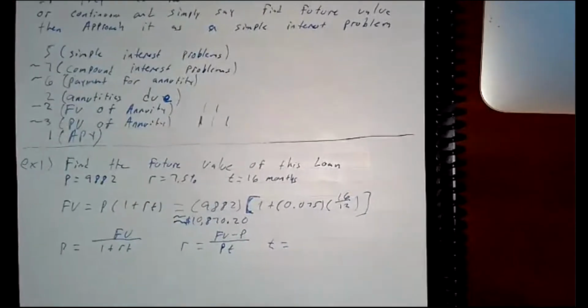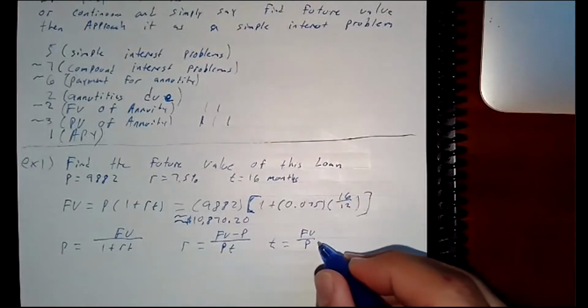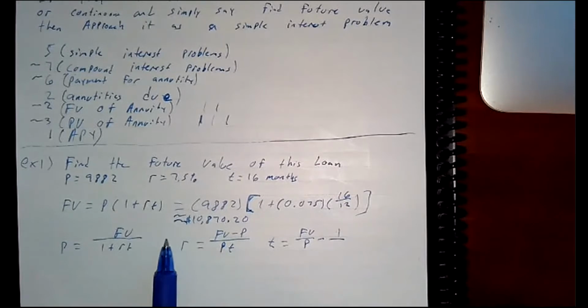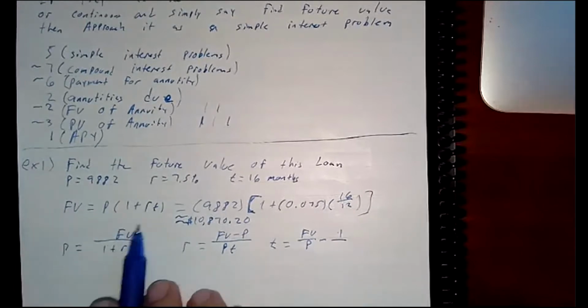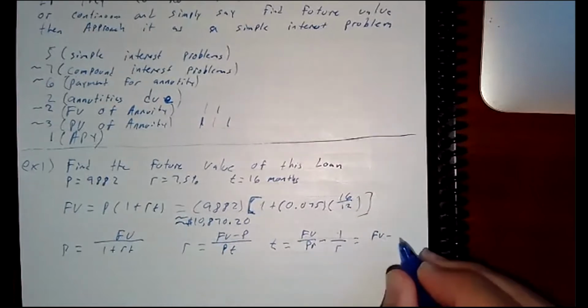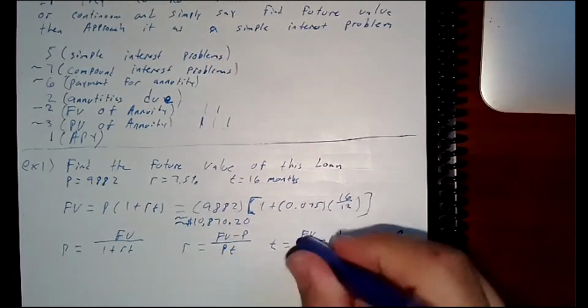If you ask for time, that would be FV over P minus 1, over R. Make that nicer again.